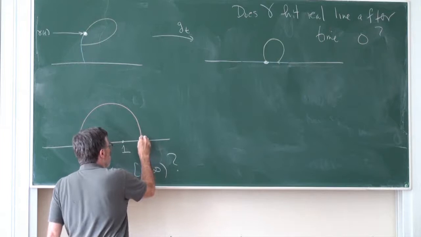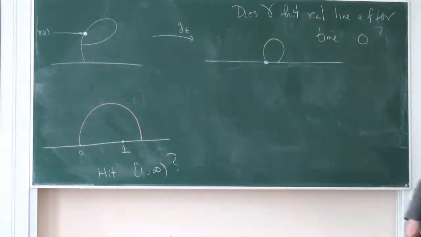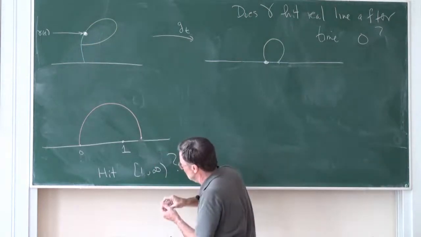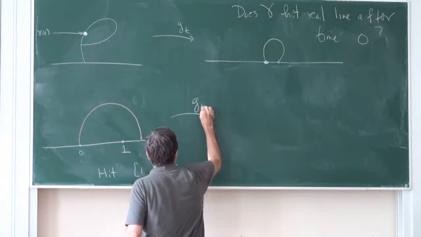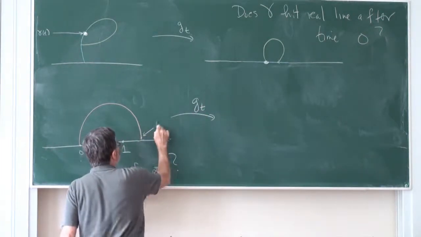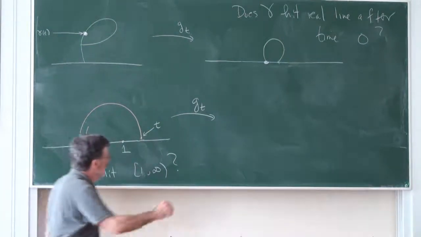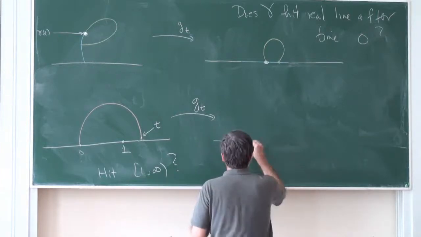Well, let's draw this picture right before it hits. So there's right before it hits. So now that's time t. And let's map by g_t. Let's see what happens here.